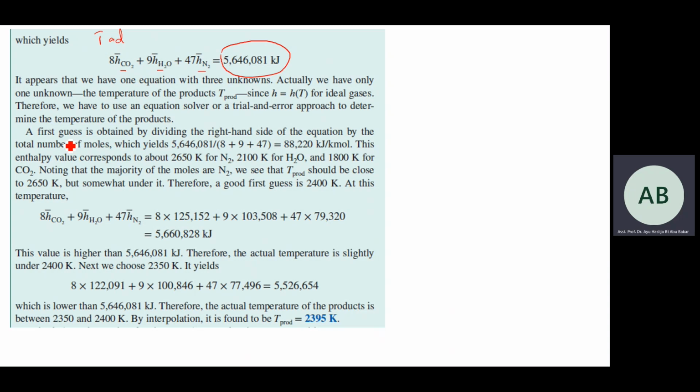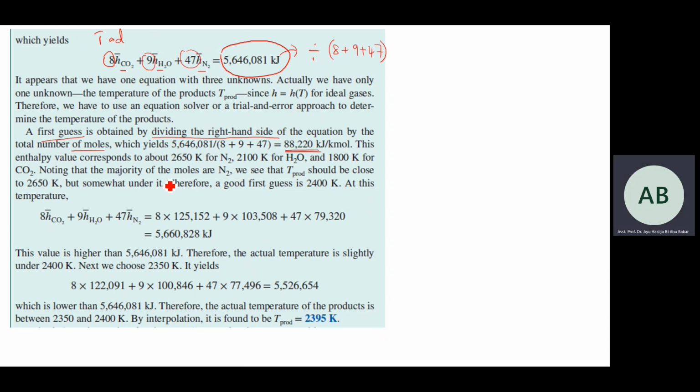The first guess is obtained by dividing the right hand side of the equation by the total number of moles. The total number of moles here is 8 plus 9 plus 47. So this side divided by this part, then you will get this figure.